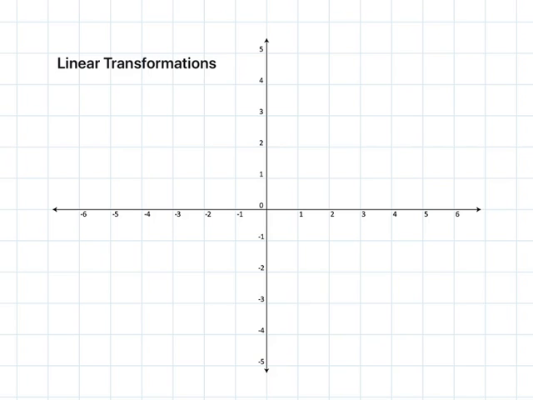A linear transformation is just changing the way a line exists based on what you do to it. There's basically four options of changes that you can do to a line.